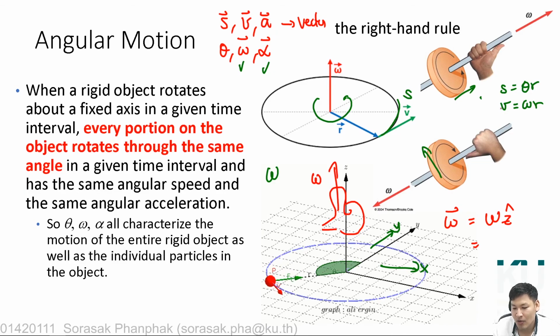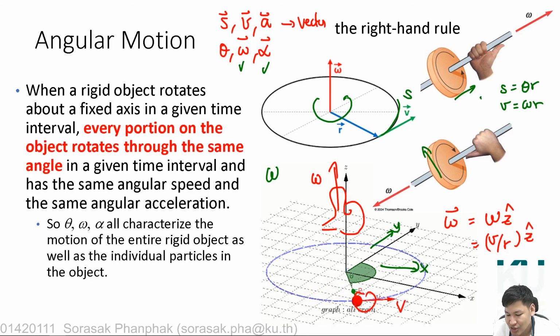Or you know that omega is v over r, in the z direction, since you know the tangential velocity and you know the radius of this object moving in circular motion, and this is also involved with the angular motion of the object.